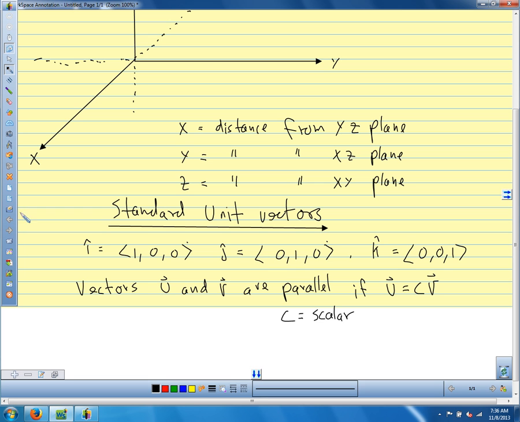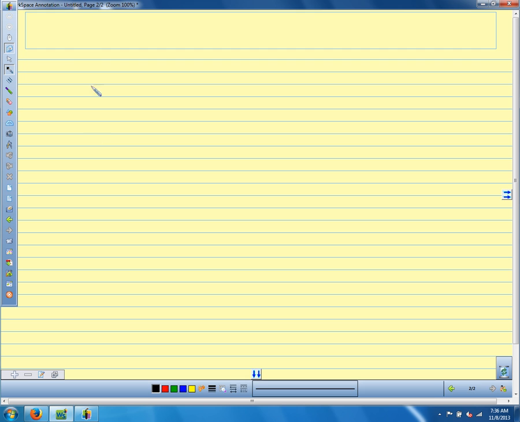Okay. Let's say we have a cable, and this cable is stretched between two points, I don't know, between a tree and the ground or something like that. We introduce a coordinate system and we find the coordinates of the endpoints of the cable.